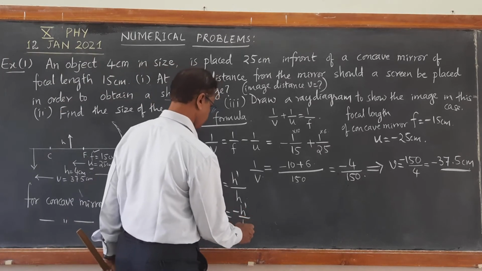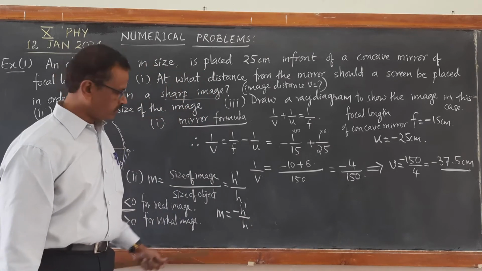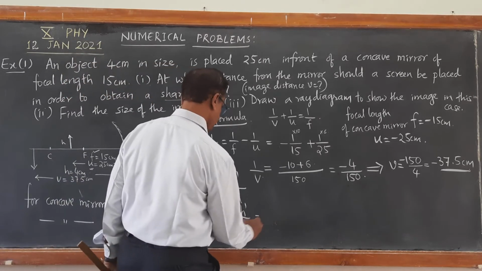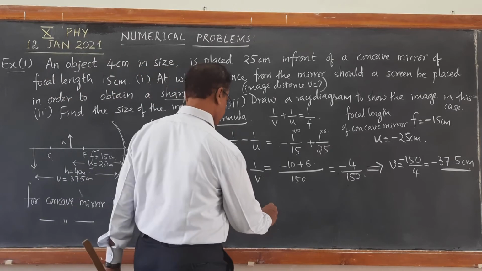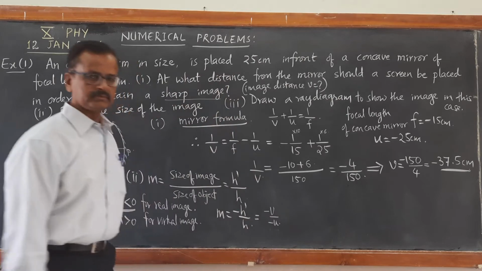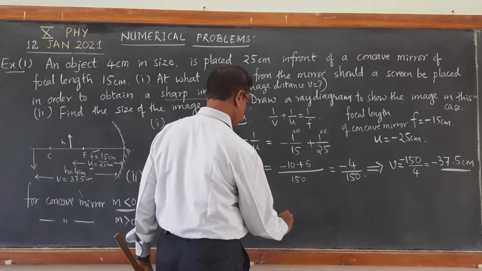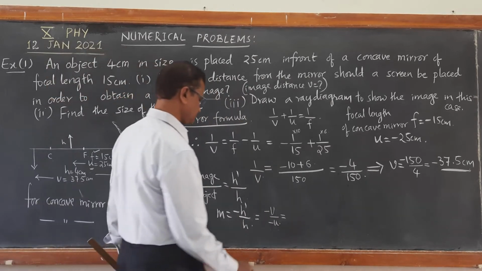So we know what is h, but we don't know what is magnification. So magnification is again defined as minus v by u, minus v by minus u. So it is going to be minus v. Minus v is what?